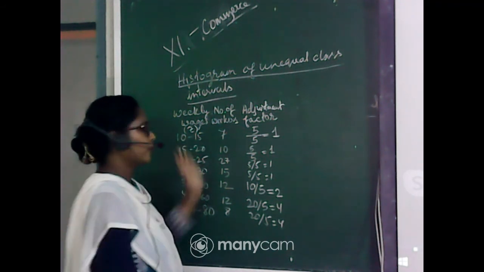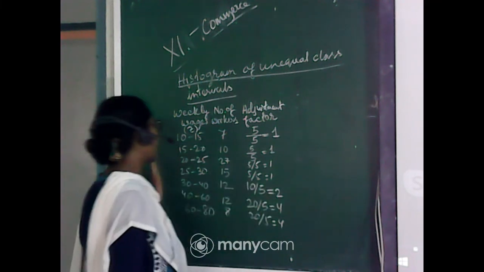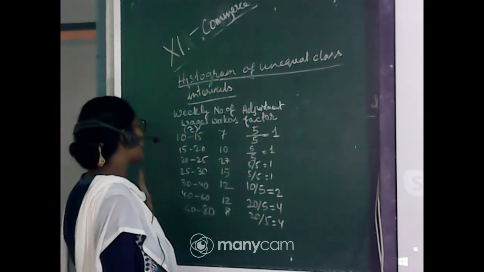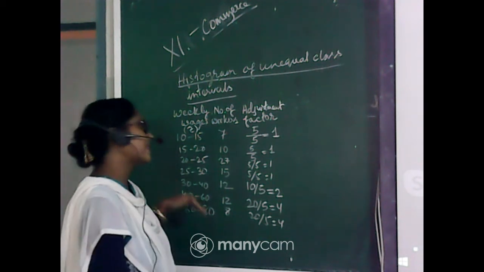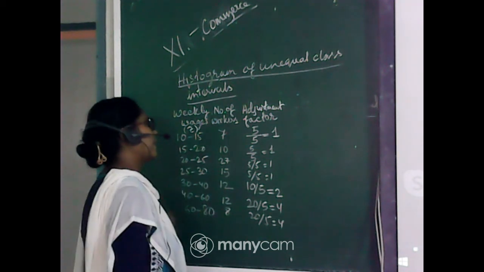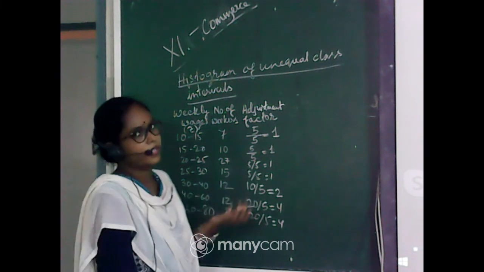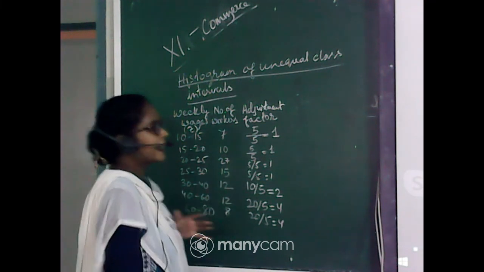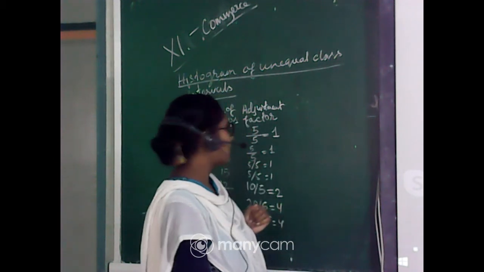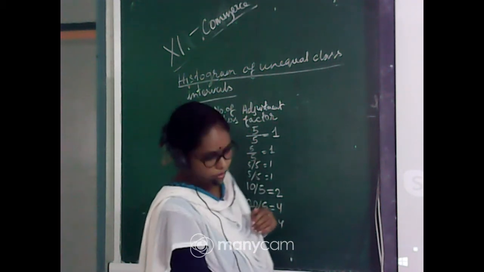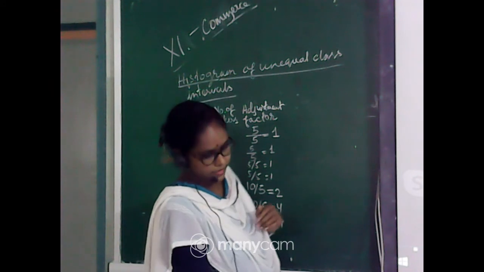Simple. If you don't know the formula, you can still find it easily: if the class interval is twice the previous one, divide by 2; if 3 times, then 3; if 4 times, then 4. Clear to all?